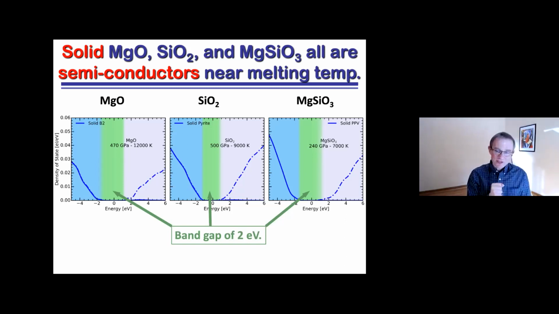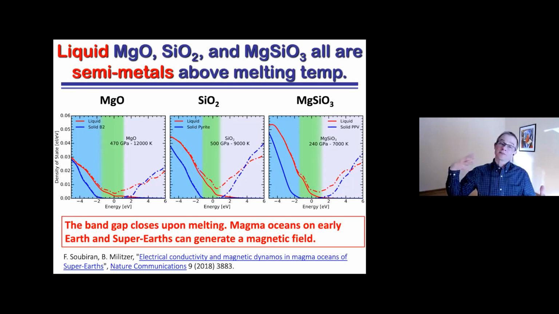However, what we didn't realize till someone prompted us to investigate it, if the material melts, the system gets disordered, all the atoms now have a slightly different environment. That silicon ion is different from that one. And therefore, its localized states get deformed.